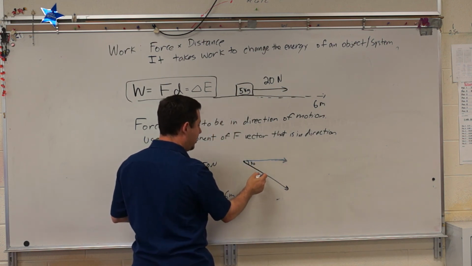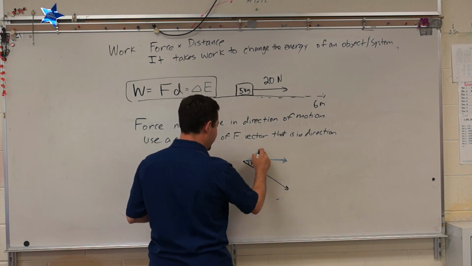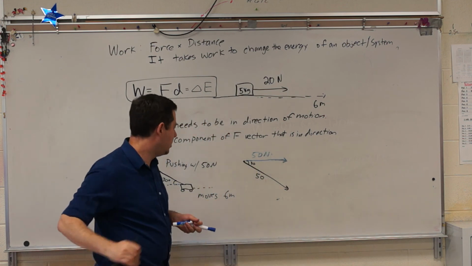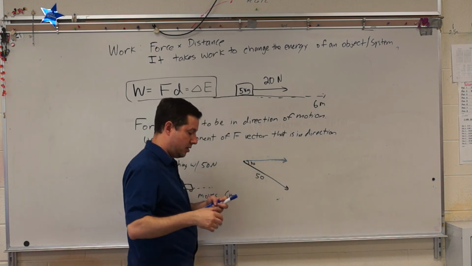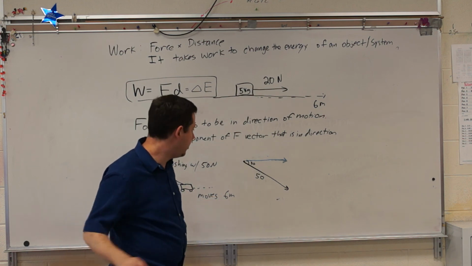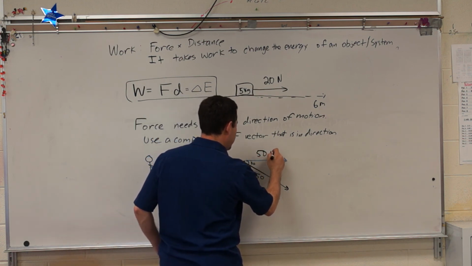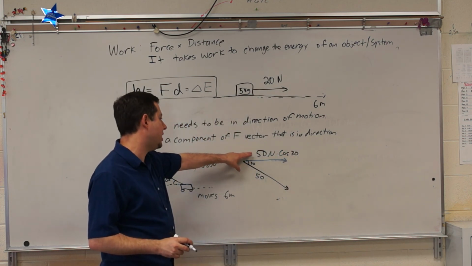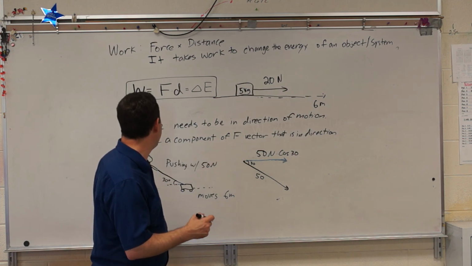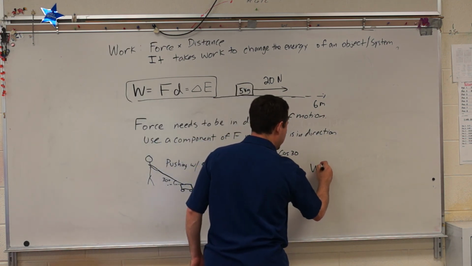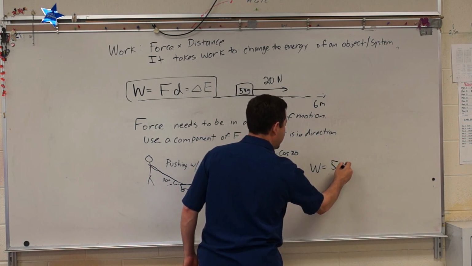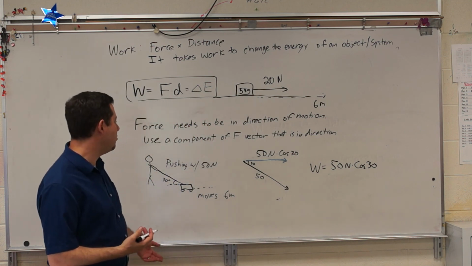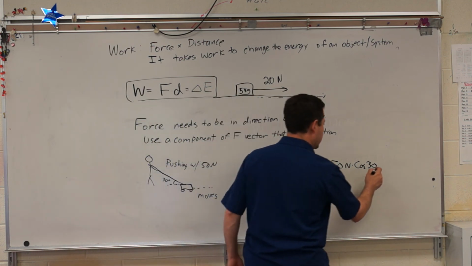If this is your hypotenuse and this is your adjacent angle, this side is then going to be 50 newtons times the cosine of 30 degrees. That is a component of force in the direction of motion. So therefore, work ends up being 50 newtons times the cosine of 30 times the distance that you move, which is 6 meters.